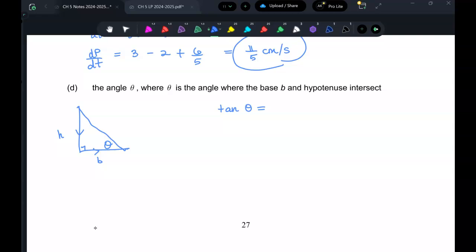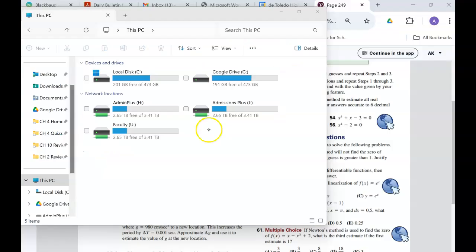But could that be also just error carried forward? Yeah, but you would still lose a point for the answer. There are some things that you can gain the point back, but you'll never get the answer point. Okay.